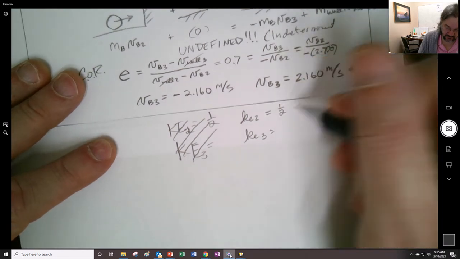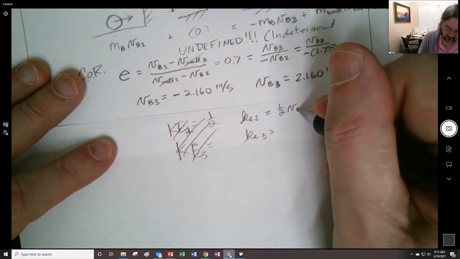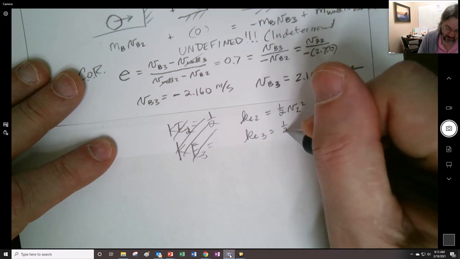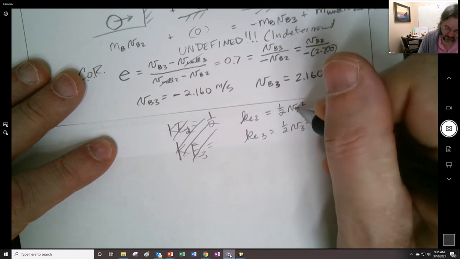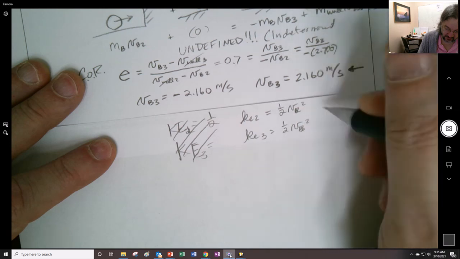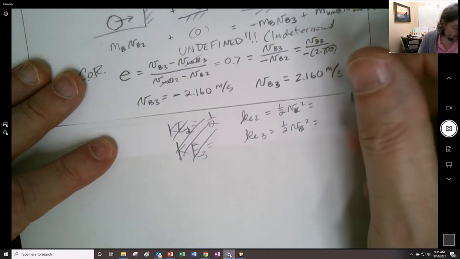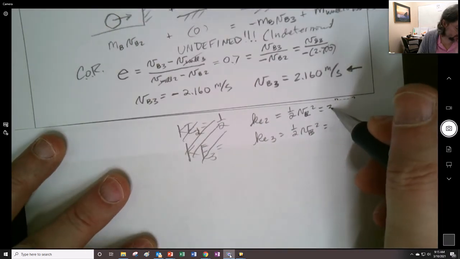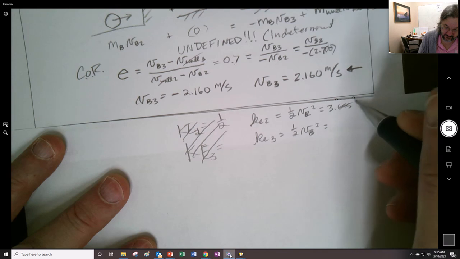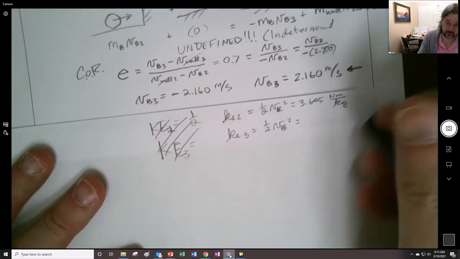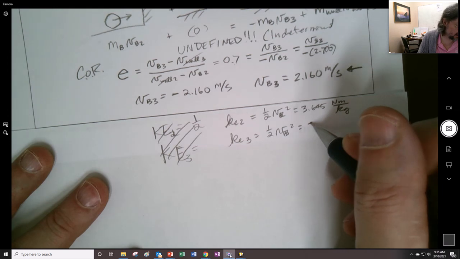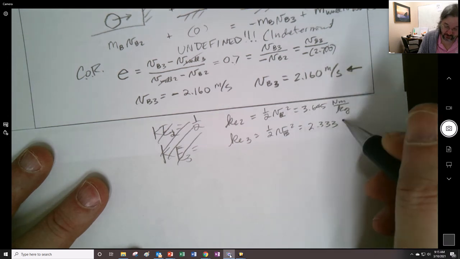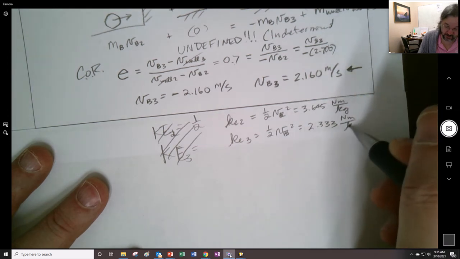So we have 1/2 V2 squared and 1/2 VB3 squared, right? So if we do that, let me see what my losses are going to be. Here is just going to be 3.645 newton meters per kilogram. And this is going to be now 2.333 newton meters per kilogram.